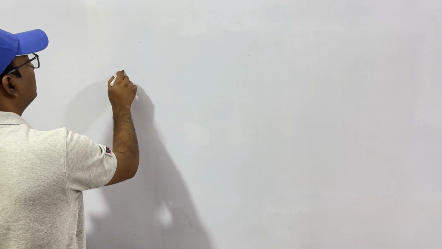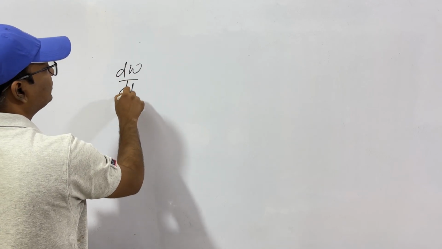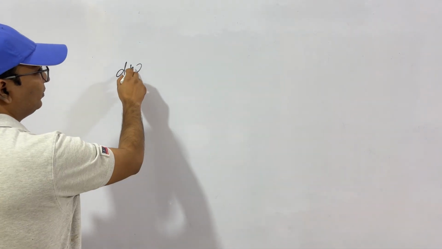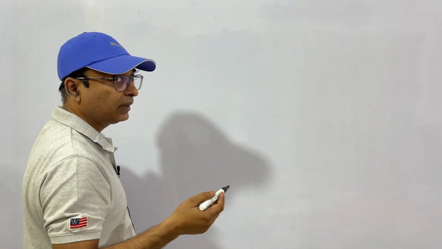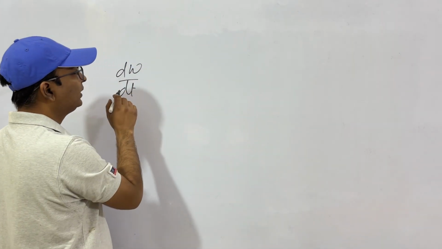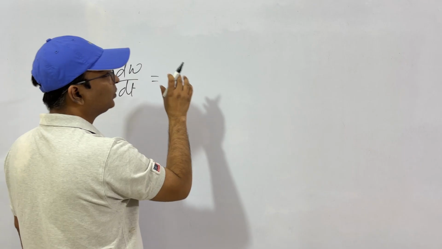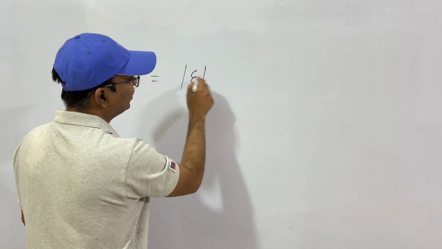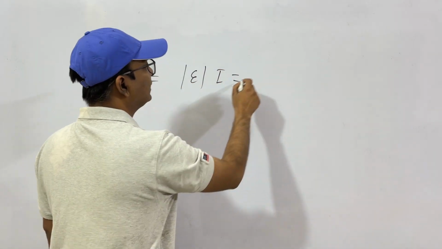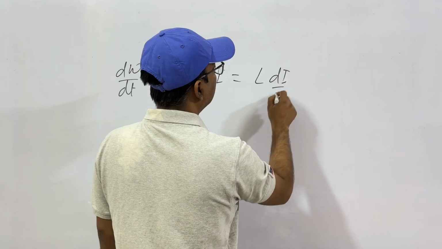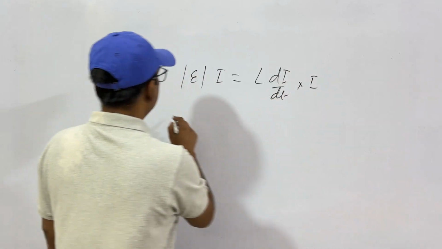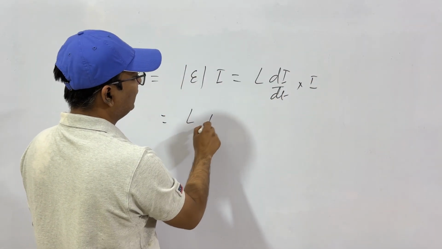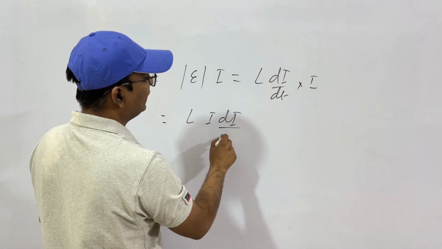See, power is dW by dt. If the work done in producing the current I is W, then dW by dt is power, and power is voltage into current. So it will be mod of this into I. And what is this? You have seen, L dI by dt into I. So you can put it like this: L I dI by dt.